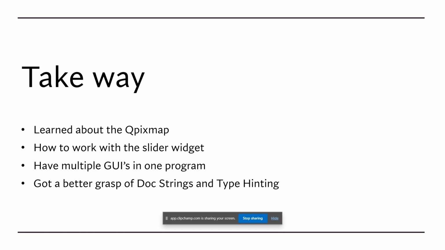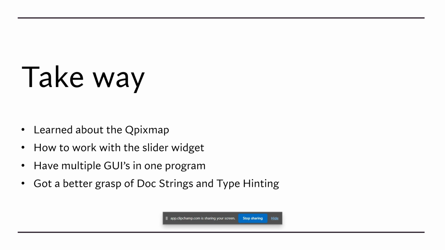Some takeaways, things that I've learned. I learned to work with the QPixmap for setting the pictures in place. I also learned to work with the slider widget, which was very frustrating to get to actually work with the volume up and down.